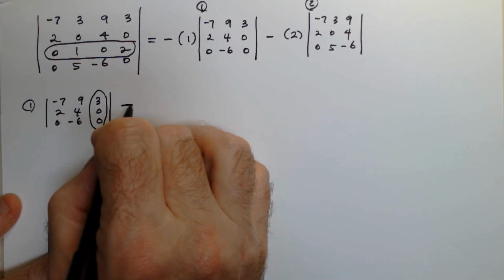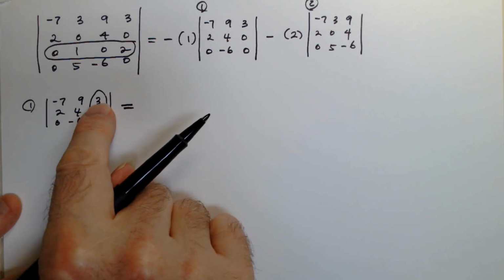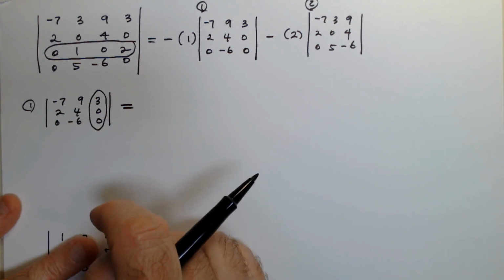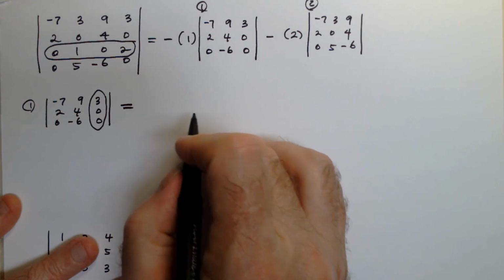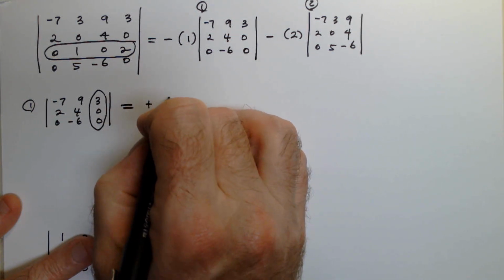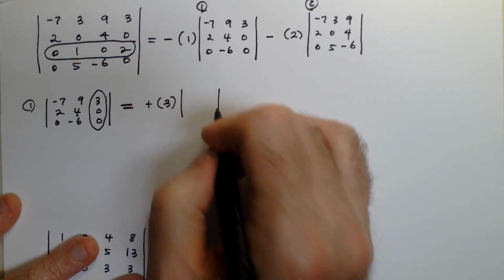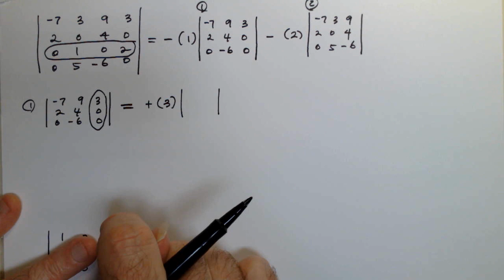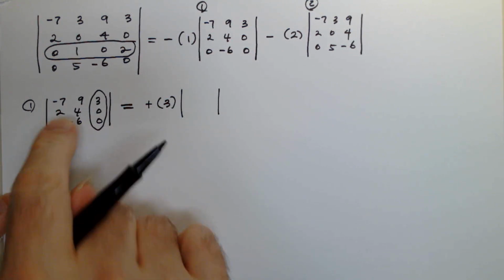Now when I expand along that column, I have to get the sign of this position correct. So that's going to be positive, negative, positive. So that's going to be a +3 times the 2 by 2 matrix. That's the determinant of the minor associated with that position 3. So that's going to be this little 2 by 2 down here.